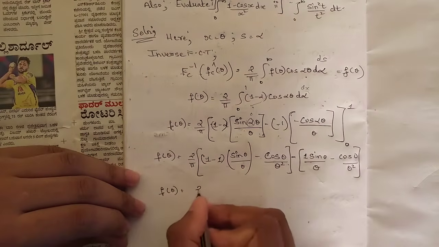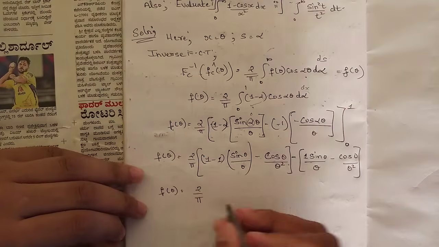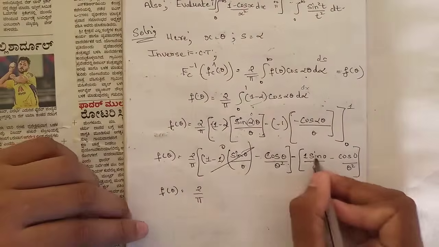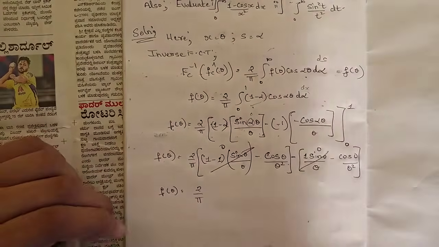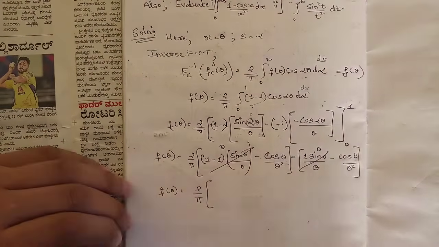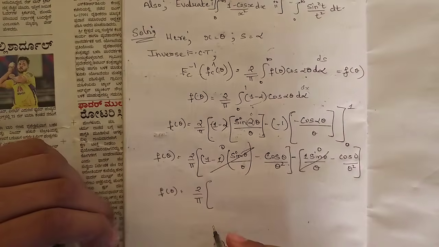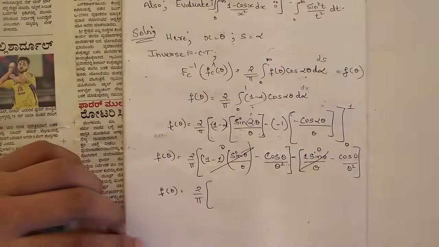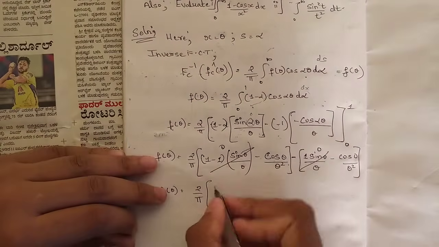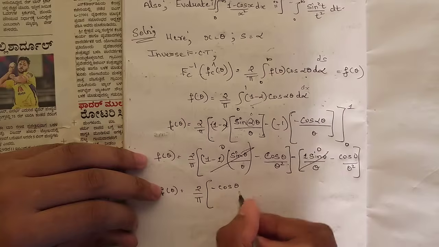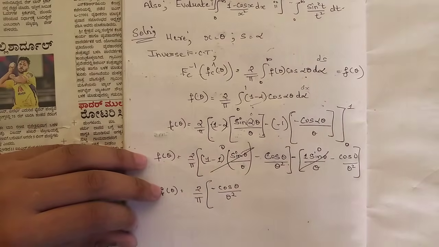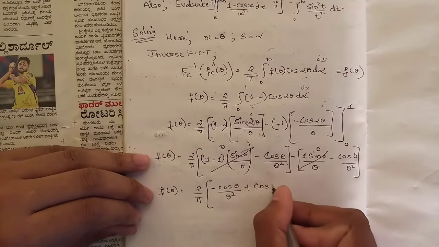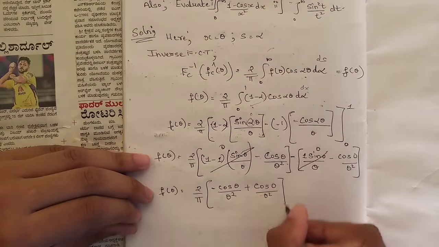So now by solving we get 2 by pi into, so 1 minus 1 is 0, so this whole term is 0, sine 0 is 0 again, so the remaining terms are minus cos theta by theta square, minus into minus is plus cos 0 by theta square.